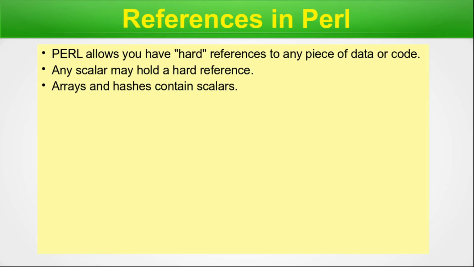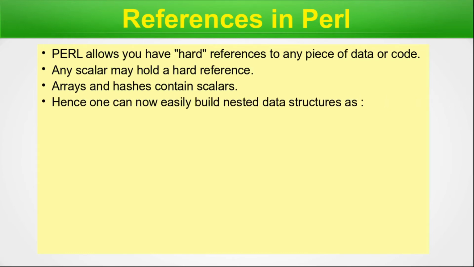Arrays and hashes contain scalars. Okay, so inside an array or hash, there will be a list of scalars, as we know. The order is different in hash or array, but they contain a combination of scalars in a different manner. Hence, one can now easily build nested data structures.